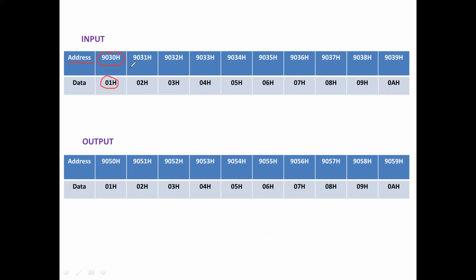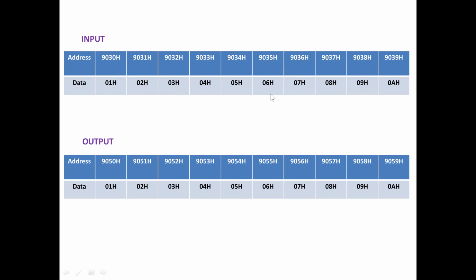I'm going to take some 10 input addresses. From the input address, the 10 data, I'm going to push to the output address. The same data is going to be copied to the output address. This is the simple input and output operation of my algorithm.